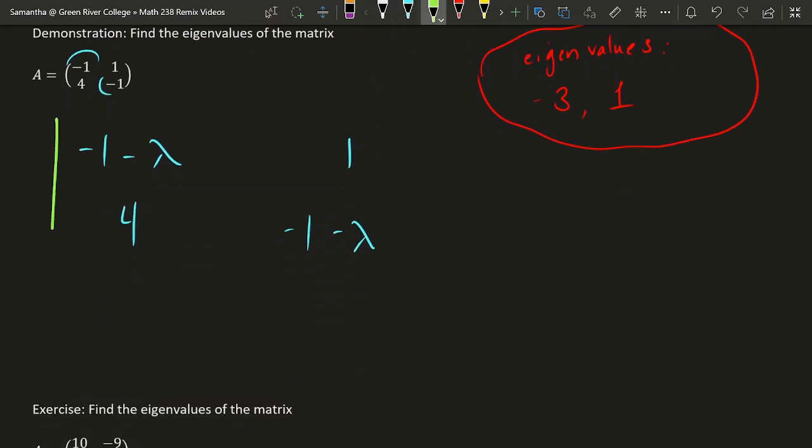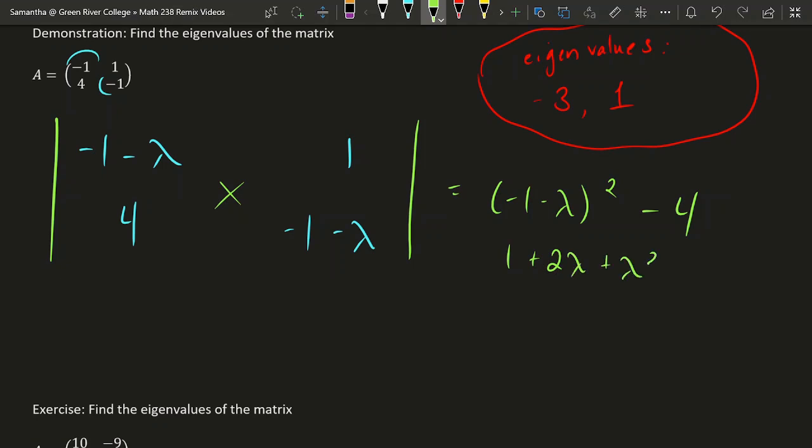So using the traditional formula for the determinant of a 2 by 2 matrix, I'm going to find the determinant of this matrix written here. So that would be equal to the product of the 2 entries on the main diagonal minus the product of the 2 entries on the off diagonal, giving me 1 plus 2 lambda plus lambda squared minus 4, giving me lambda squared plus 2 lambda minus 3.